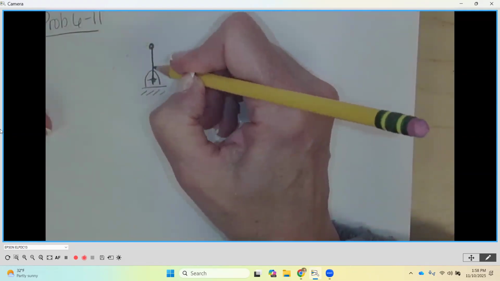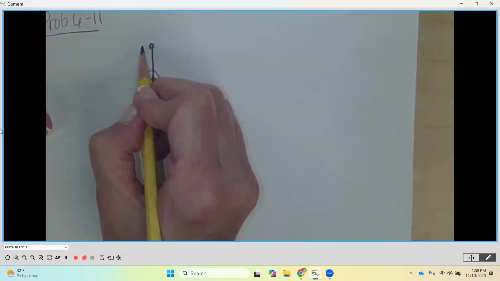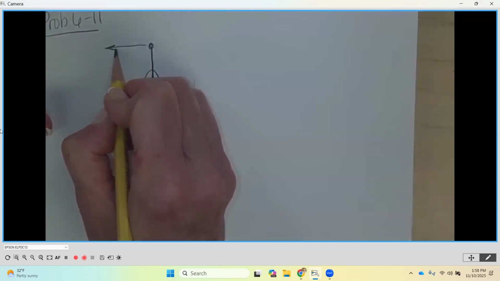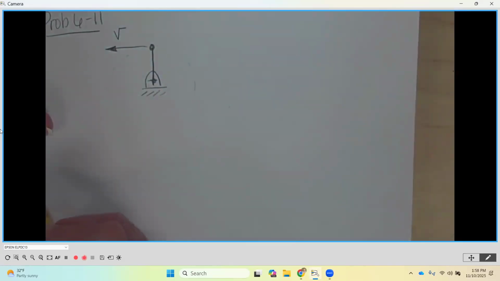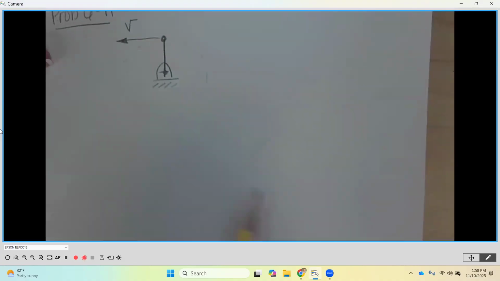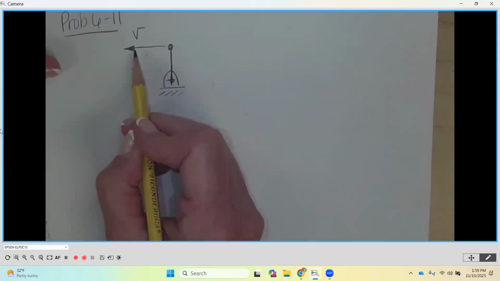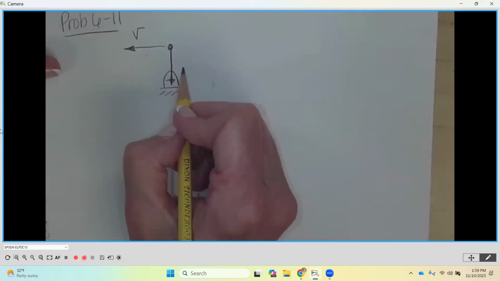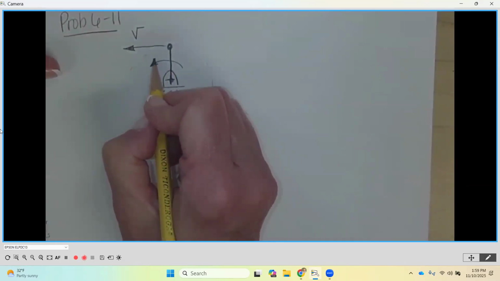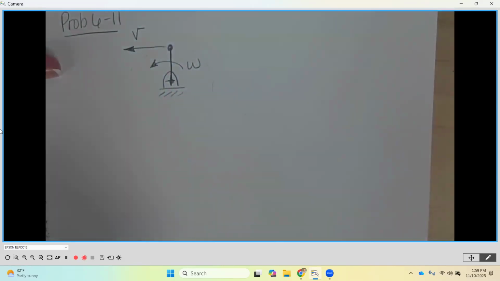So this is the radius of that roller, and the velocity of that belt is going to the left. As we look, this roller is going around in a counterclockwise direction, because if the straight line velocity of that conveyor belt is going to the left, this is going to be the W.